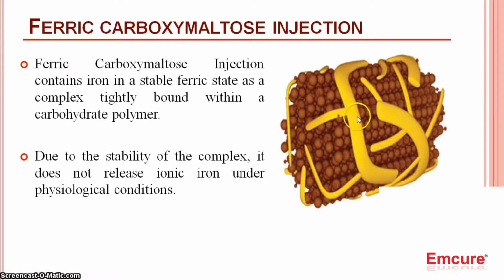The purpose of this carbohydrate moiety is to bind the iron together. It functions as a glue. So now let's read what's written on the slide. Ferric carboxymaltose injection contains iron in the stable ferric form as a complex tightly bound within a carbohydrate polymer. Due to the stability of the complex, it does not release ionic iron under physiological conditions.